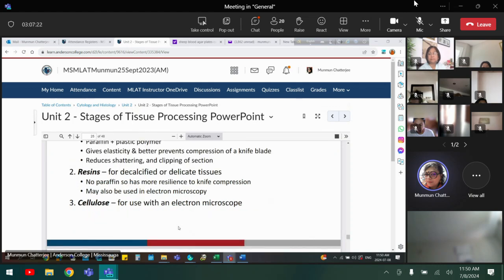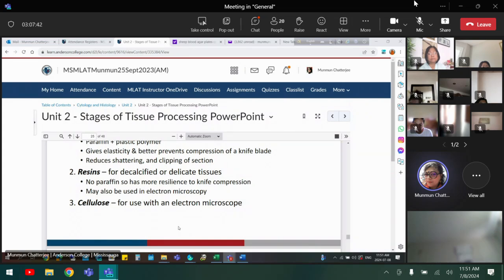Resin is useful for decalcified or delicate tissues. It has no paraffin, so it is more relaxed to knife compression. So resin is a little bit soft, and this is mainly for decalcified tissue, like kidney or bone.